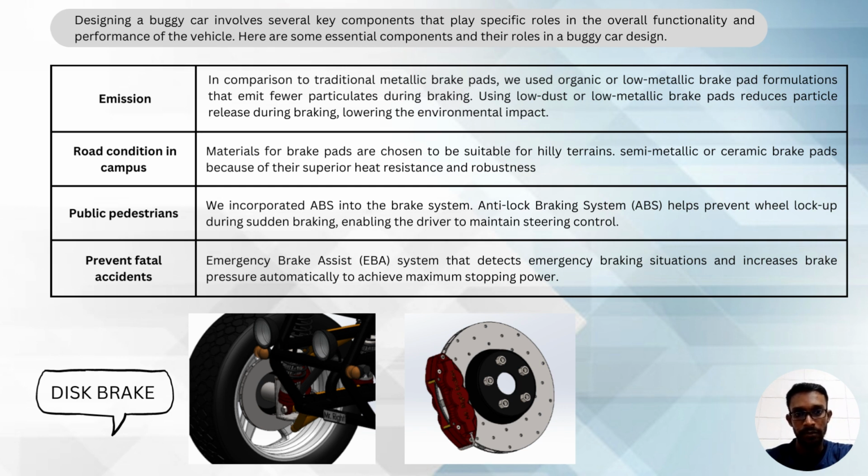It helps prevent wheel lock-up during sudden braking and enables the driver to maintain steering control. Fourth, we are going to look at how we prevent fatal accidents. So the emergency brake assist, which is called the EBA system, detects emergency braking situations and increases brake pressure automatically to achieve maximum stopping power.